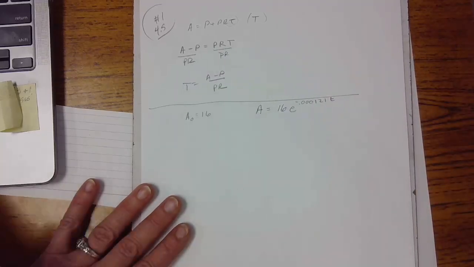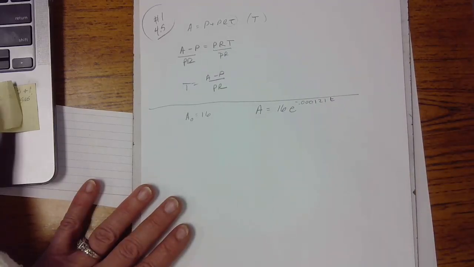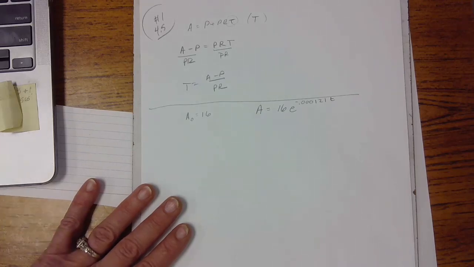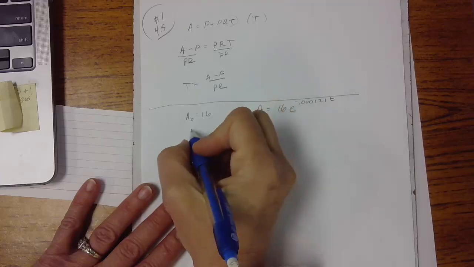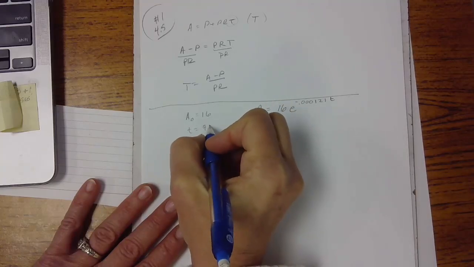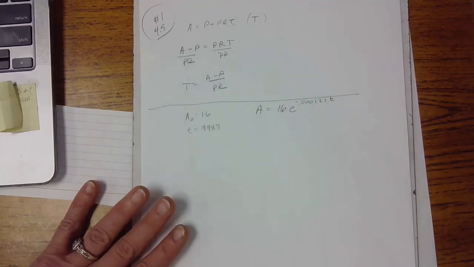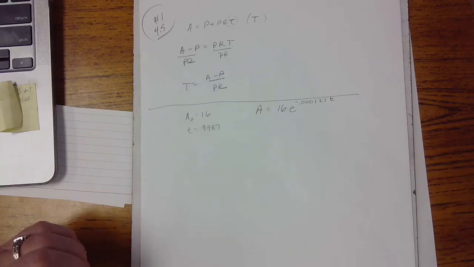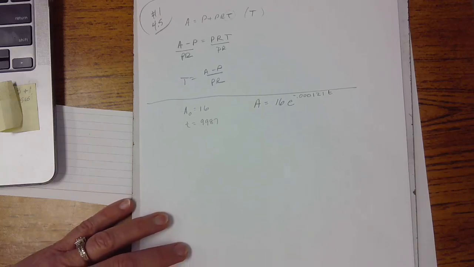They ask to describe the amount of carbon 14 present after t years, and use the model to determine how much carbon will be present when t equals 9987. I'm assuming you don't have exactly the same numbers.